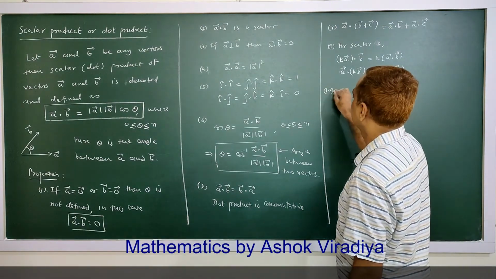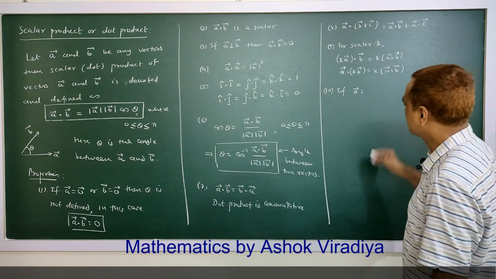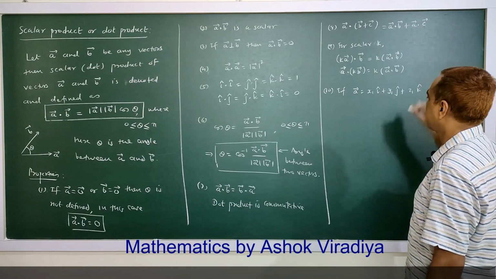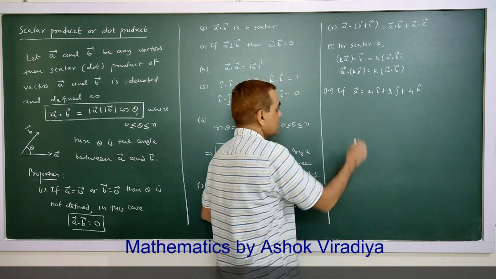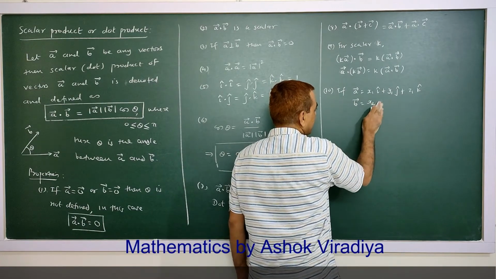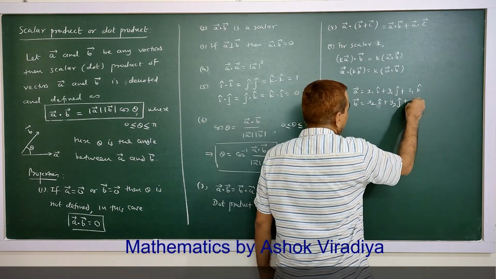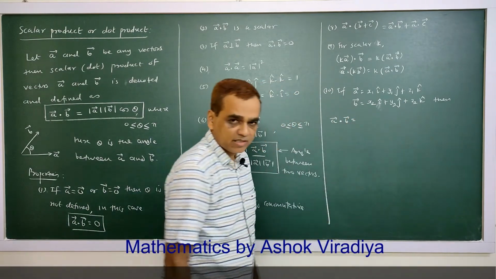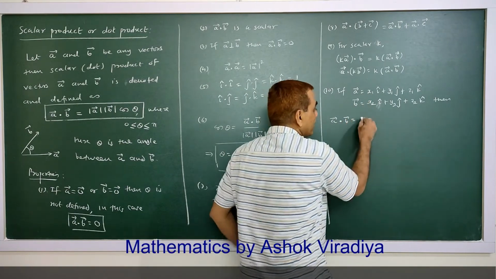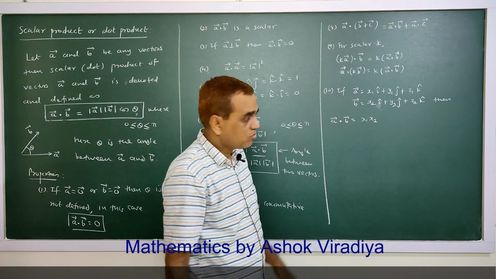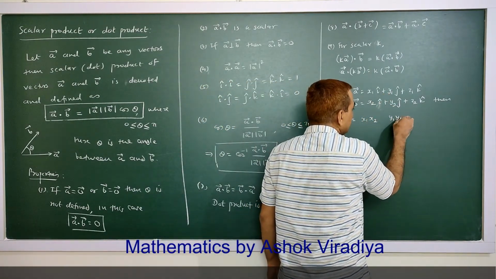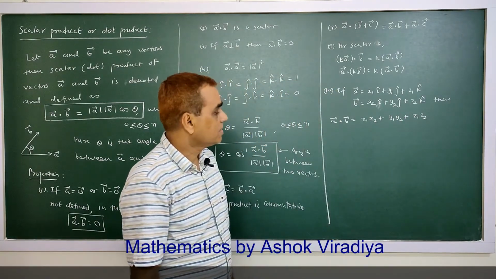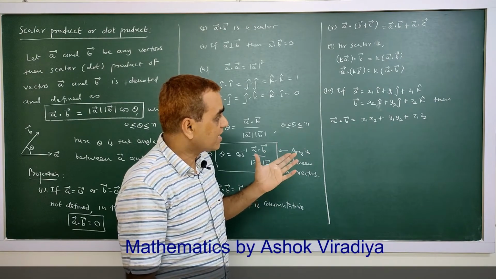Then if vector a is x1 times i cap plus y1 times j cap plus z1 times k cap, and vector b is x2 times i cap plus y2 times j cap plus z2 times k cap, then the dot product of vector a and vector b is: multiply corresponding scalar components x1 into x2, y1 into y2, z1 into z2, and add them. x1 x2 plus y1 y2 plus z1 z2.